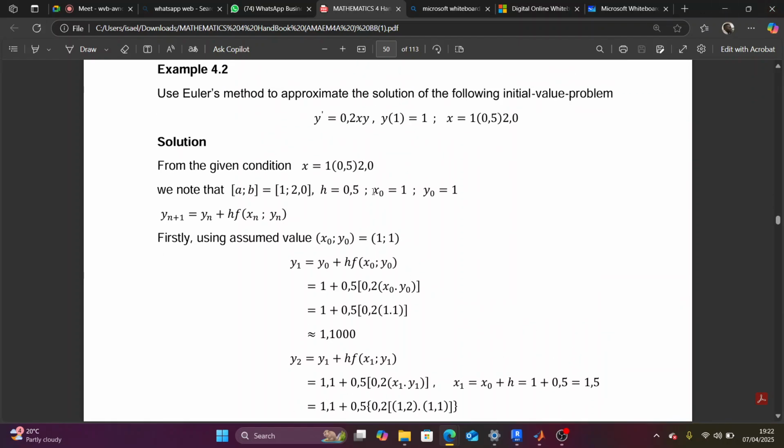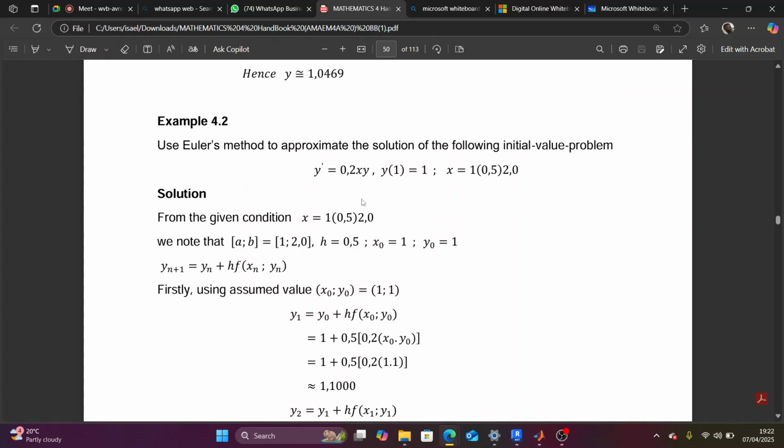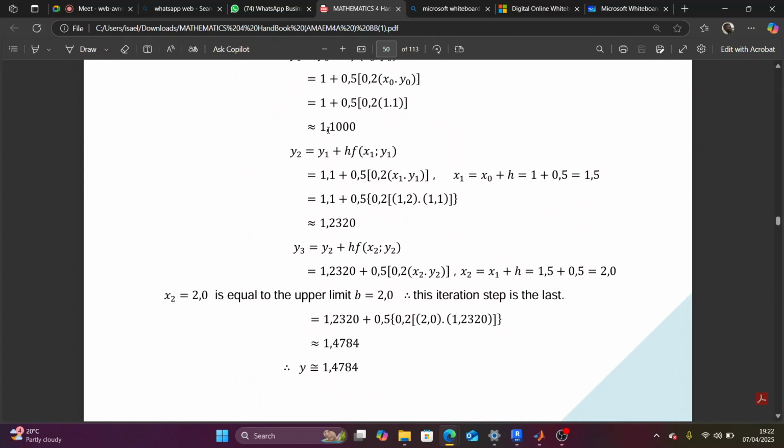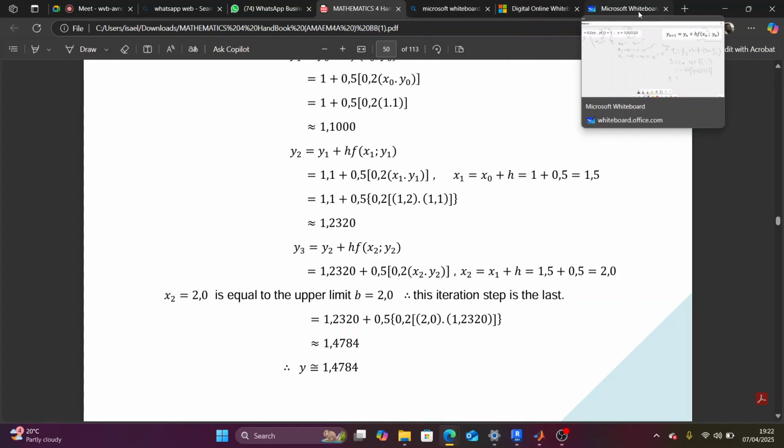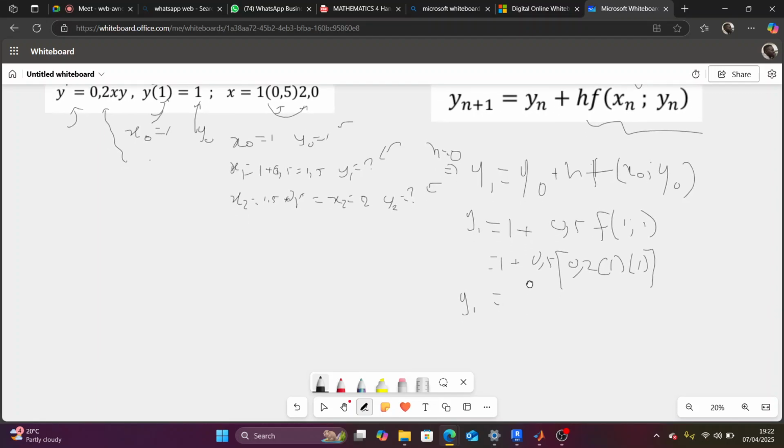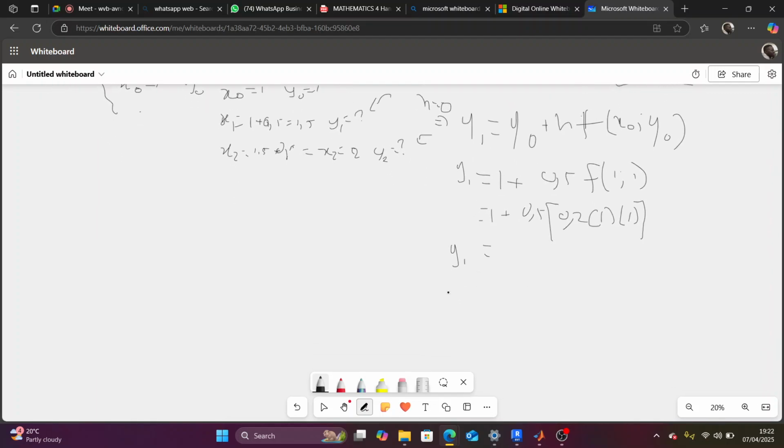But if there is no specification, please round up to 4 after the comma. Not after the digit here. That's the English. If you get to y1, remember you use y1 to get y2.